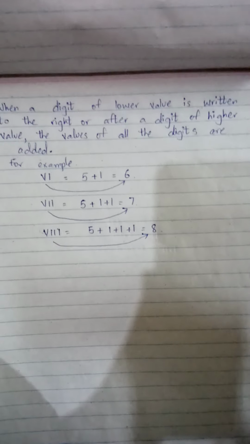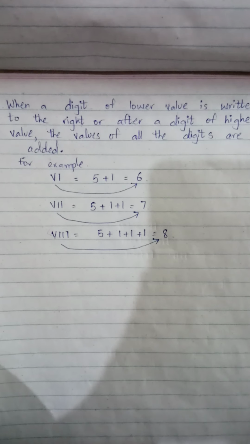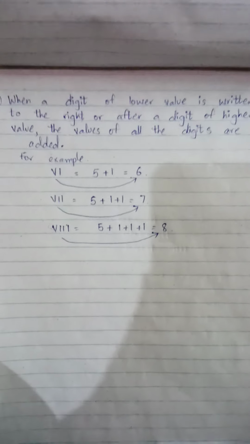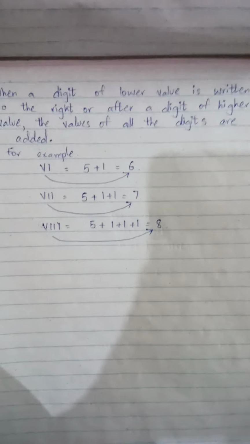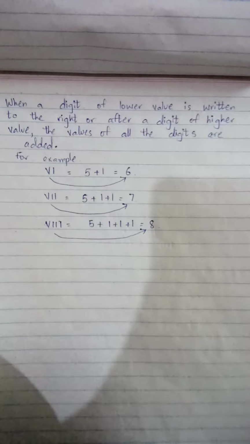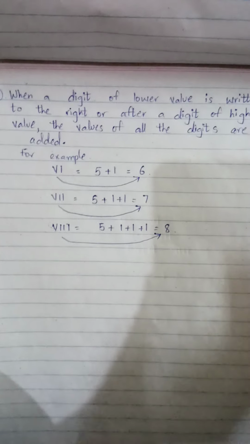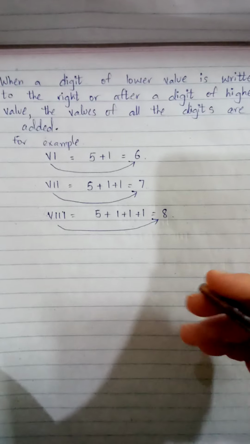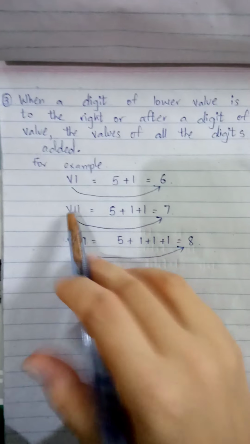What we are doing in rule number 3 is, if we are writing a digit whose value is smaller after the digit whose value is greater, then we will add those numbers together. Okay, let's look at the example.